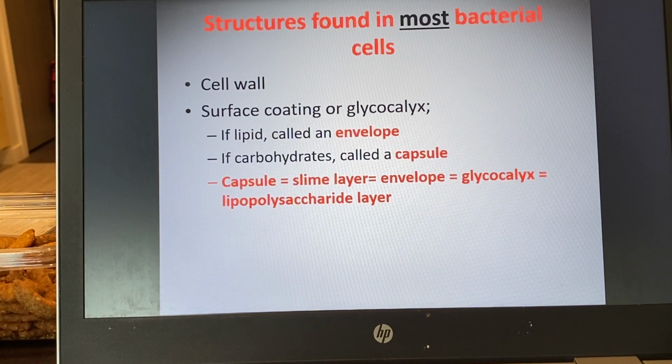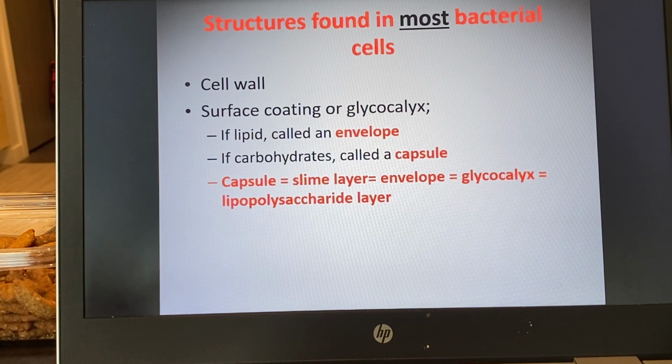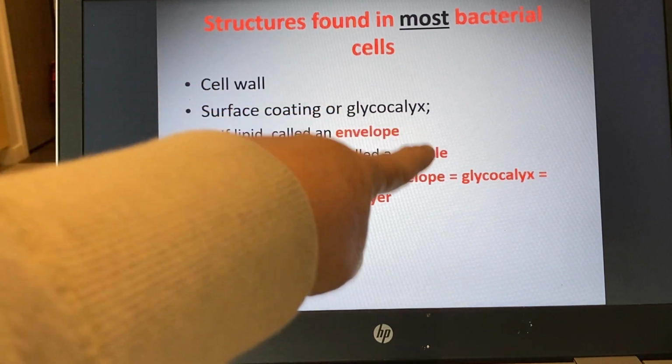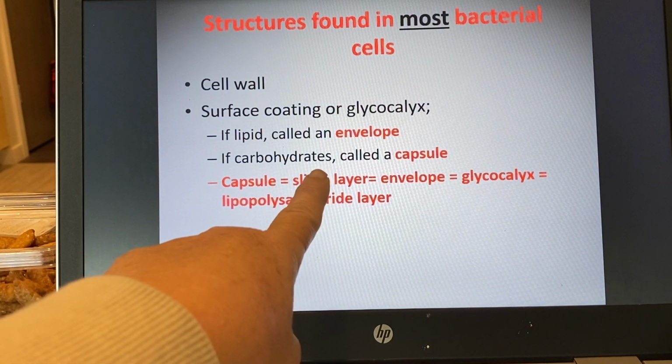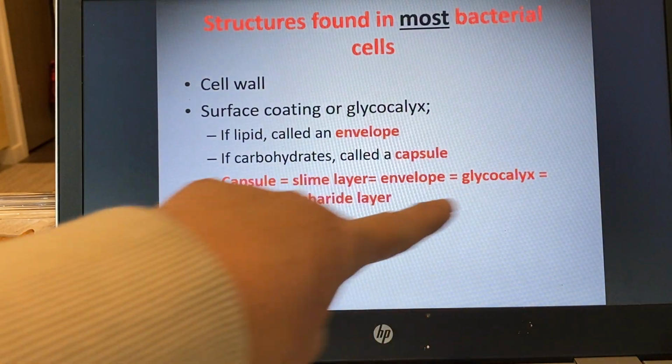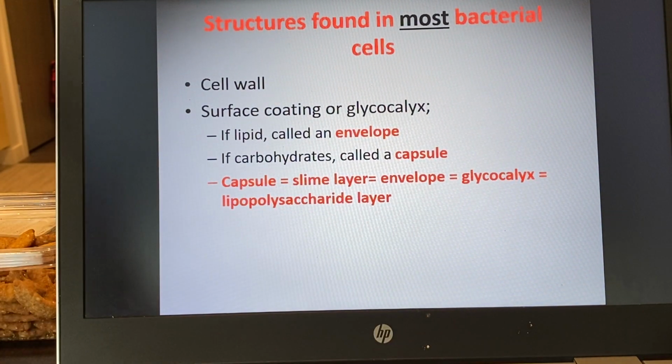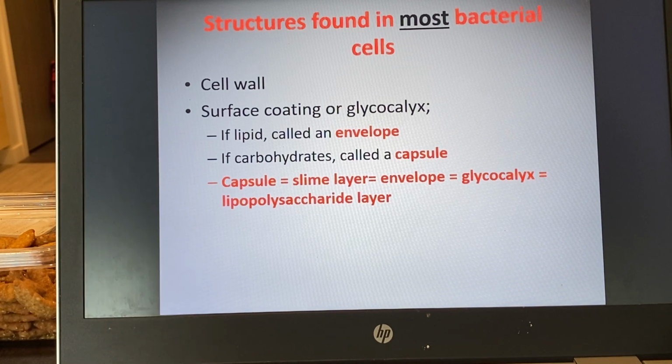So if you see, like in your homework for chapter 4 or the exam or a quiz, envelope, capsule, slime layer, glycocalyx, lipopolysaccharide layer, for this class, I'm going to say that they all mean the same thing. They're basically that layer of gunk that's outside the cell wall, okay?